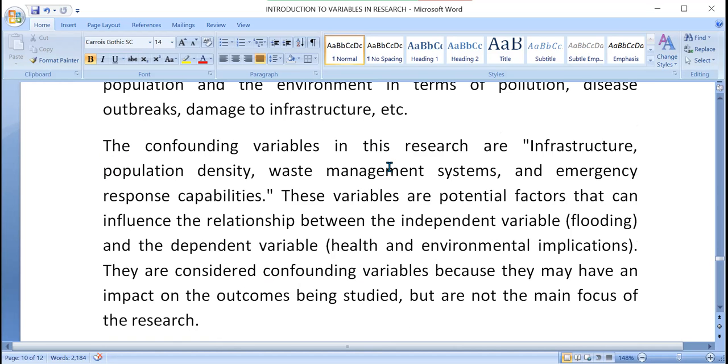The confounding variables, like we said earlier, include infrastructure, population density, waste management system, emergency response capabilities. These variables are potential factors that can influence the relationship between the independent variable, flooding, and the dependent variable, health and environmental implications. They are considered confounding variables because they may have an impact on the outcome being studied, but are not the main focus of the research.